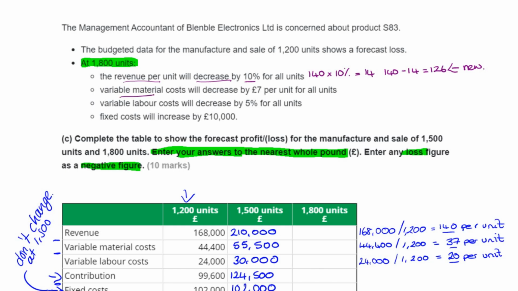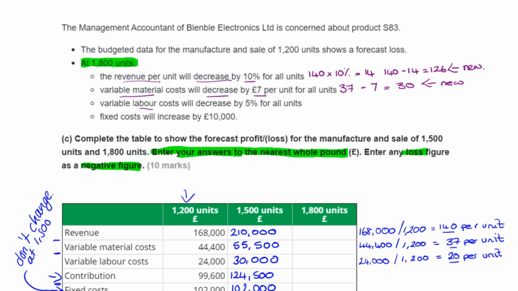Then we're told the variable material cost will decrease by £7 per unit for all units. So our original one was £37. So we need to take off 7, which is £30. So that's our new variable materials cost.